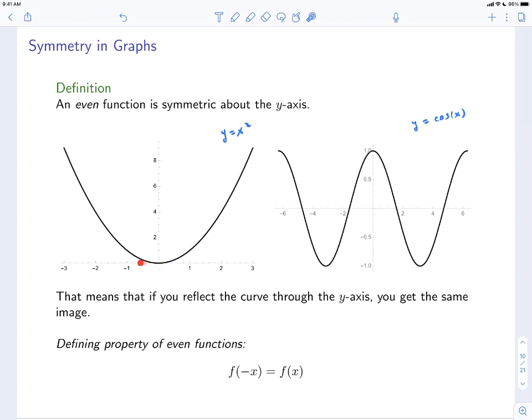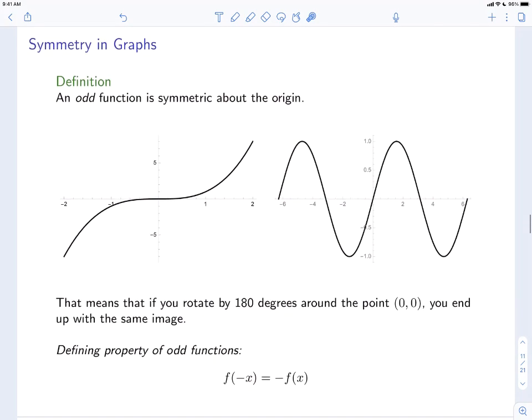Moving towards the left, you'll get a certain shape, and moving towards the right, you get the same shape. So if you take the opposite of x, if you go to the left x units and look at the output, it will be the same as going to the right x units and looking at the output.